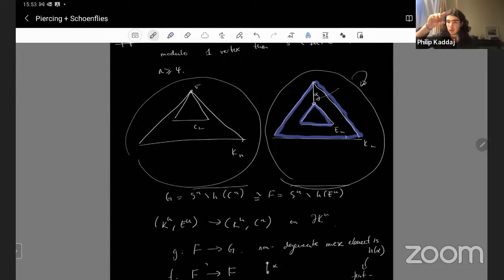And the idea is to contract this collar to get this picture. And this contraction, because the arc was flat, doesn't change anything outside it. And so then these are homeomorphic.